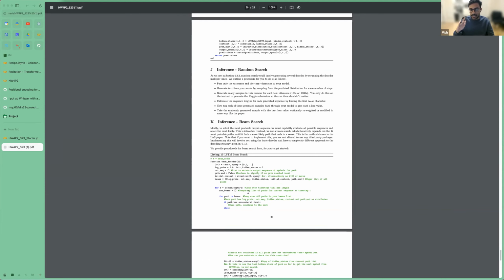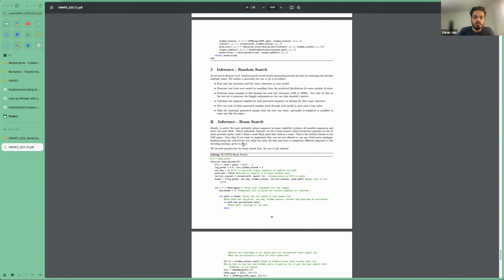Make sure everything is working with greedy search, and greedy search is sufficient for you to reach the cutoffs. Beam search is just going to give you an improvement beyond that, right? So don't worry too much about beam search unless you really are aiming for a really high cutoff.